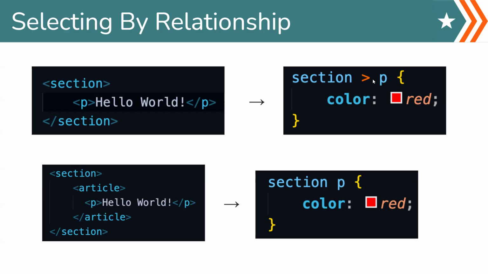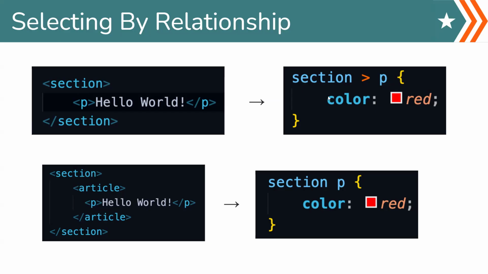Now, the angle bracket specifies that the p tag comes directly after the section tag. When we look at tags here, like section and the p tag, the relationship is what we call a parent and child relationship. Here, the section tag is the parent of the p tag, and the p tag is the child of the section tag, because it's embedded within it.